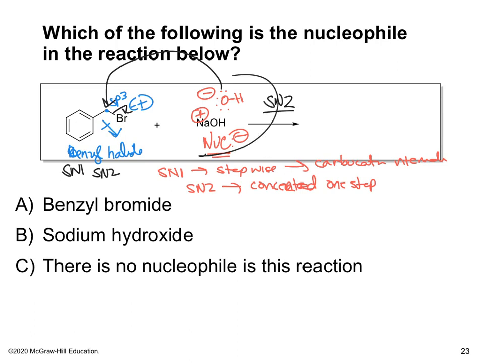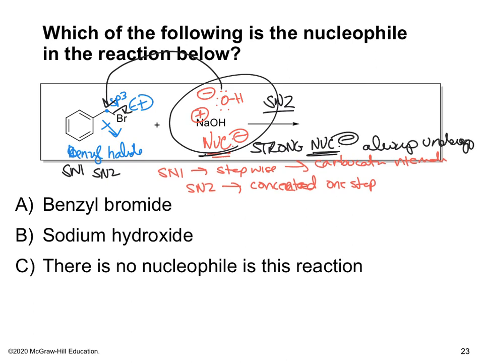The reason why is this is a strong nucleophile. Strong nucleophiles always undergo SN2. When I say always, you better write that down. It's hard to get scientists to say always.